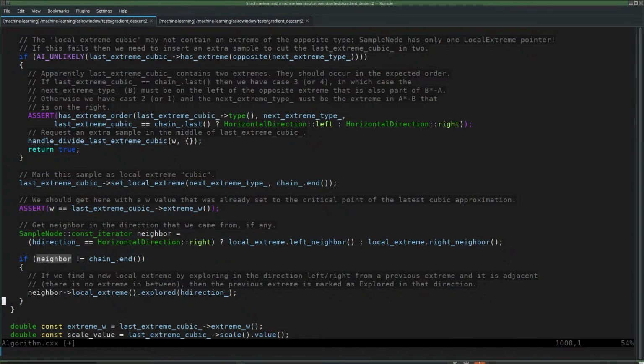Just one more point. If you already saw a minimum going from adjacent local extreme to the next, then also mark the newly found extreme as explored in the opposite direction, towards the already seen extreme.